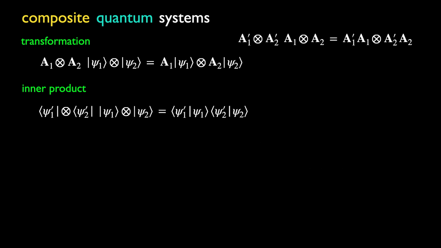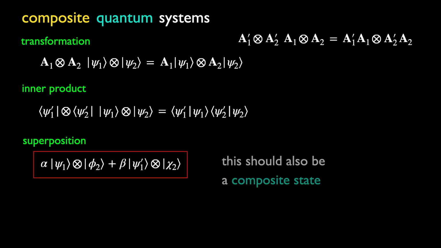The next rule is less trivial, but is still a feature carried over from the single system. This is the superposition principle. The linear combination of any two product states must give another state vector of the composite system. Note that product states are just two single system states paired together by the tensor product, basically the kind of states that we are dealing with up till now.